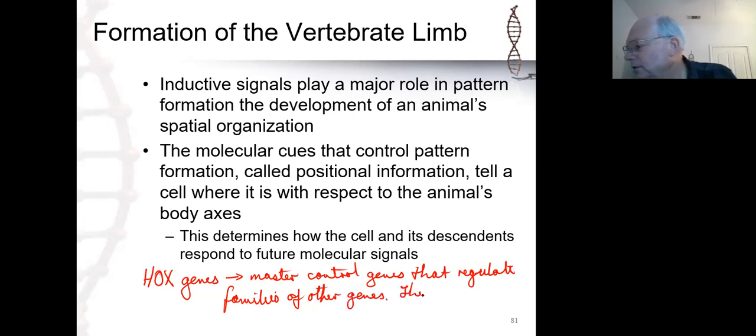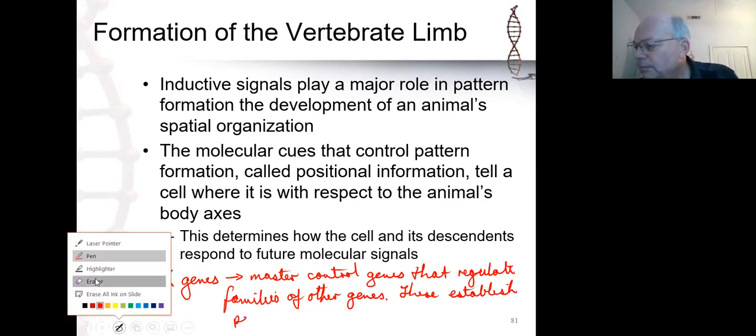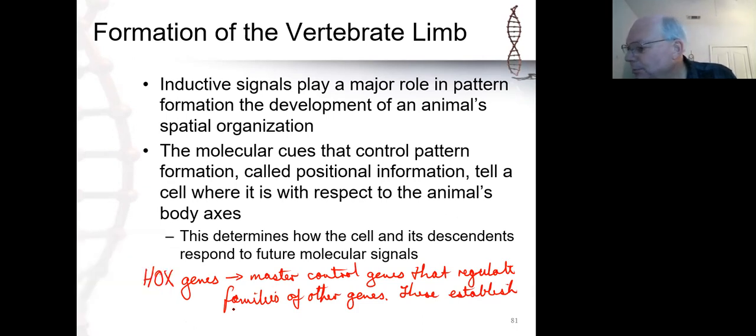And these establish body parts, establish body plans, or patterns.